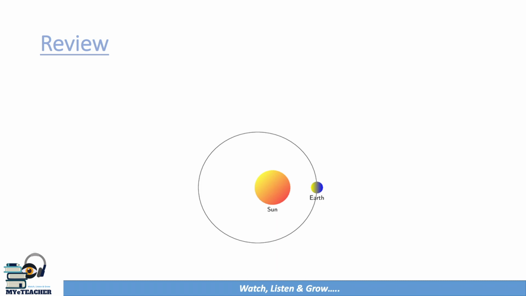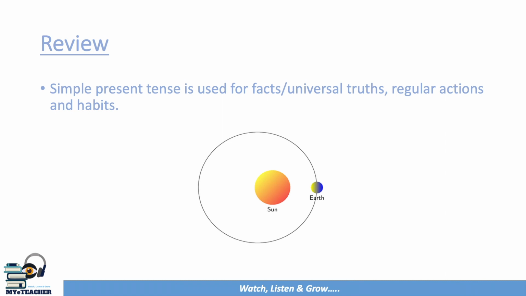So let us now just go through whatever we have seen today. Simple present tense is used for facts, universal truths, regular actions, or habits. Simple present tense uses the first form of the verb.